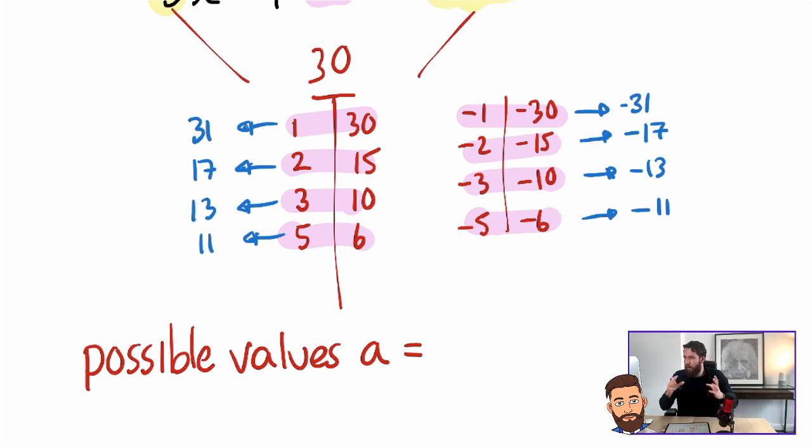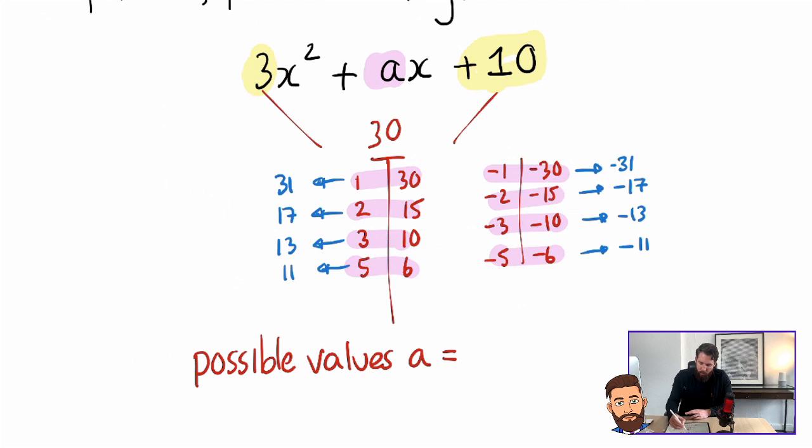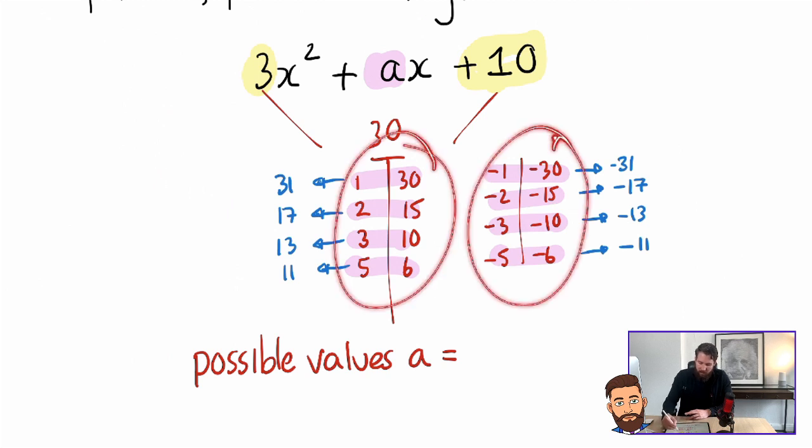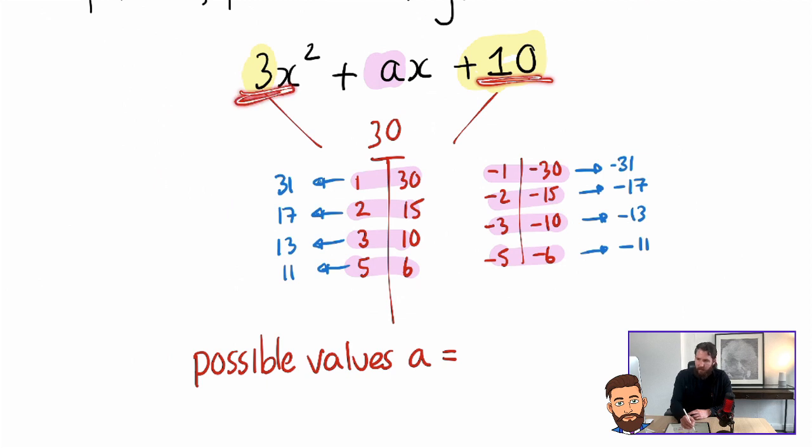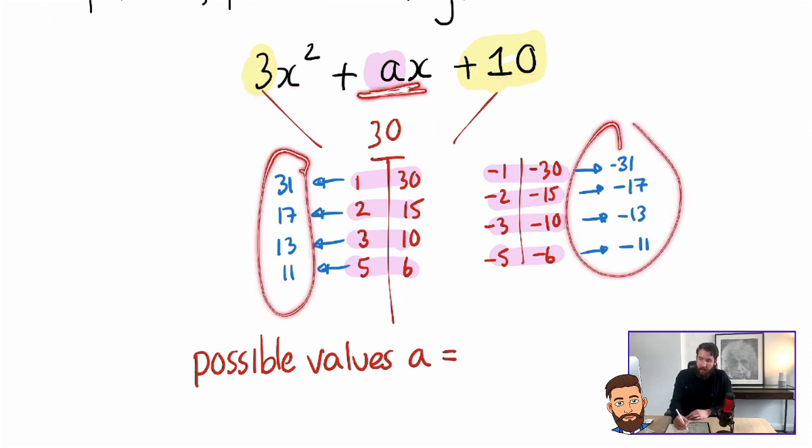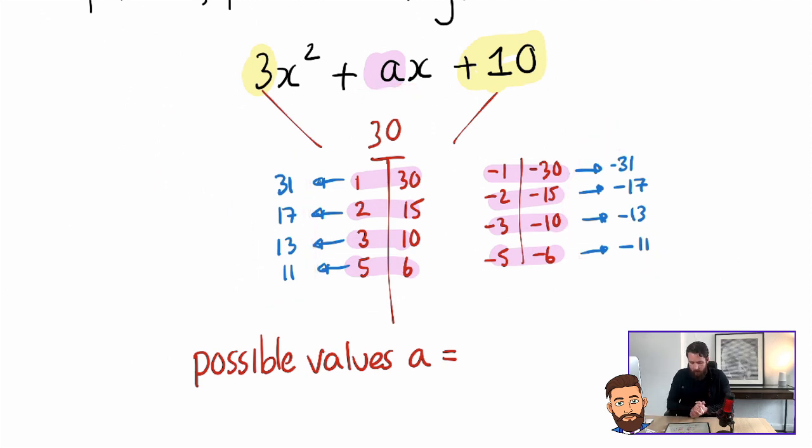So they are all of our possible values that could be a, because all of these options multiply together to make 30, which means that it fits our a and c criteria, but they all add together to give you a different answer, which means there's 8 options of a there.